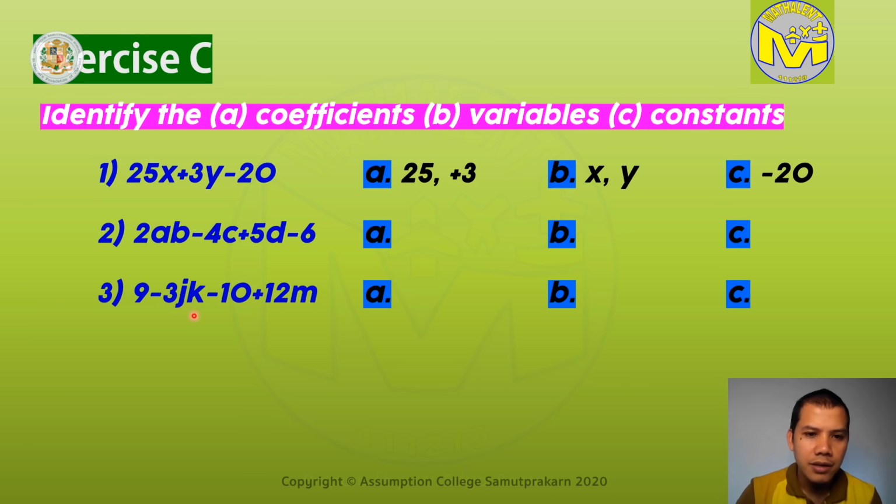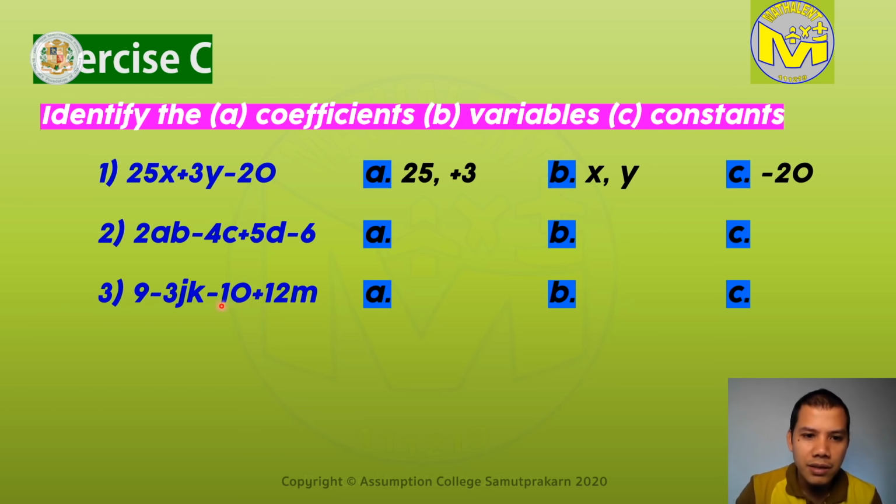How about J and K? J and K are variables, so write them down here in letter B. Write J like this, J, comma, and K. Next, we have minus 10.